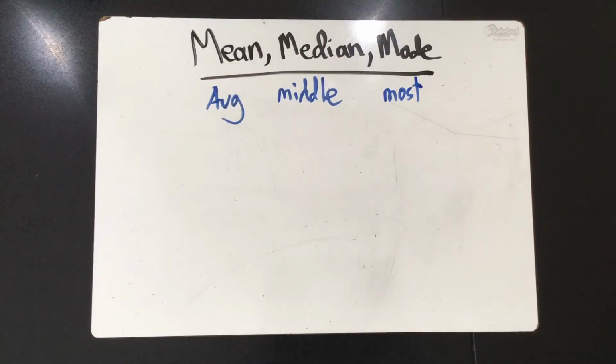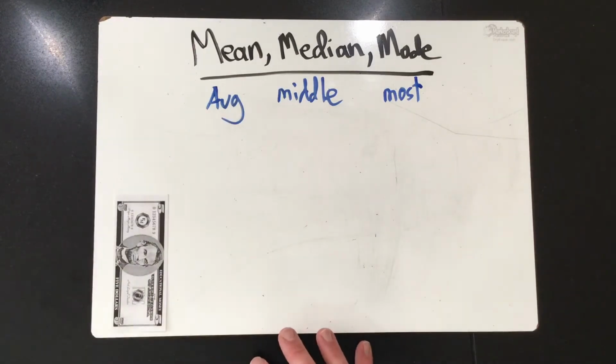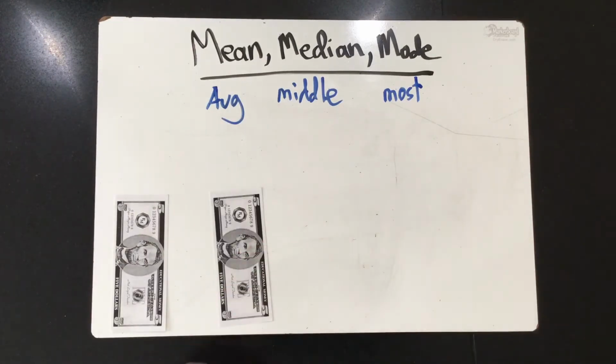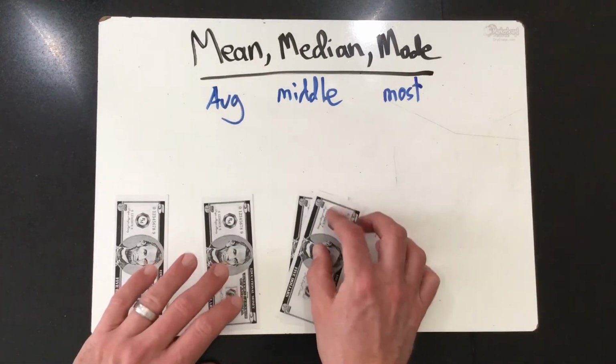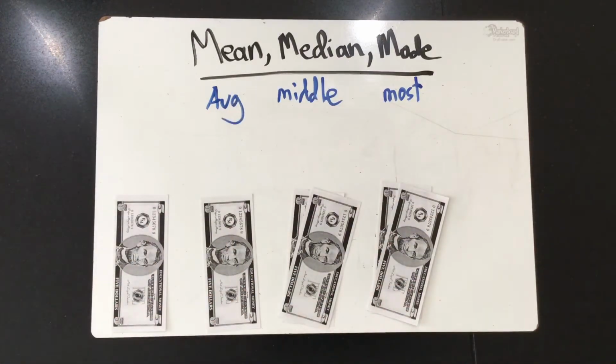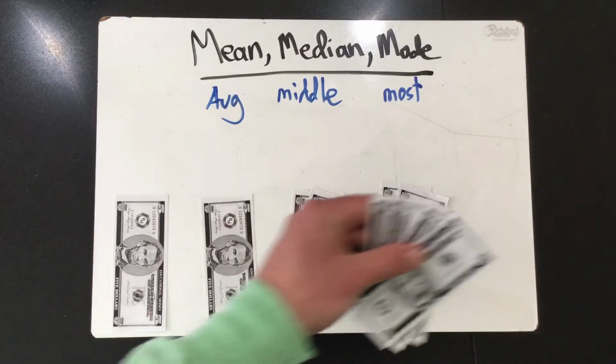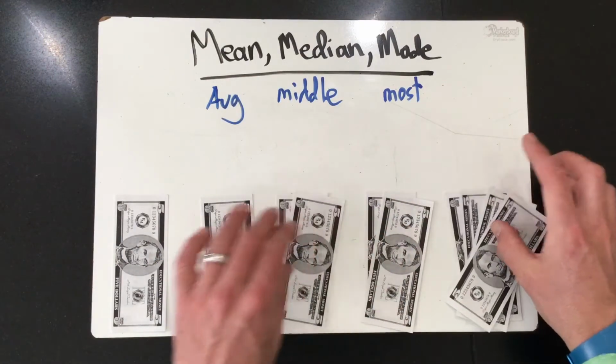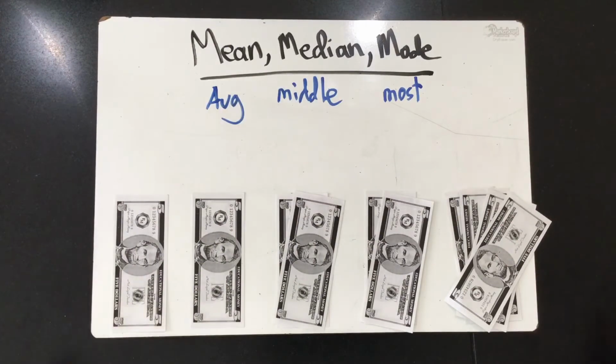Now, to help demonstrate that for us, I have some toy money. Let's say a group of students meet up at an arcade, a movie theater, the fair, someplace where their parents are going to give them some cash so they can buy a snack. Students each have a different amount of money, or maybe they have to use their own money.